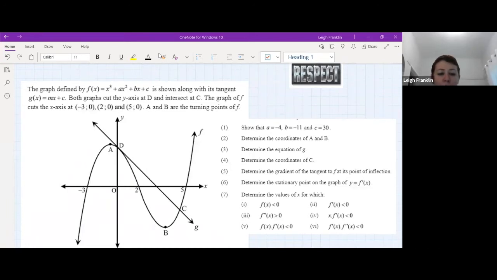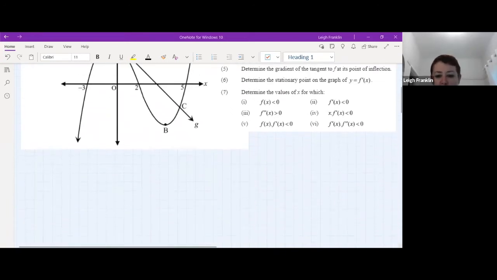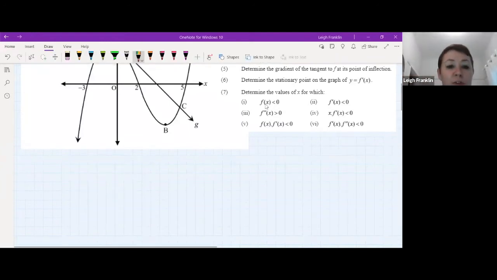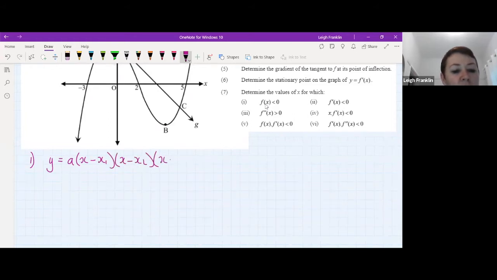All right, so what we would do here, exactly as Tsepiso and Cassandra had said. All right, this is the formula. I'm just writing it down so that those of you that didn't know this, you've got it. So in number 1, you are doing y equals a times x minus x1, x minus x2, x minus x3.